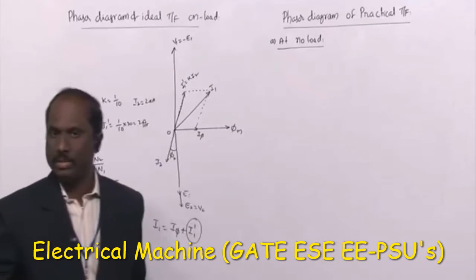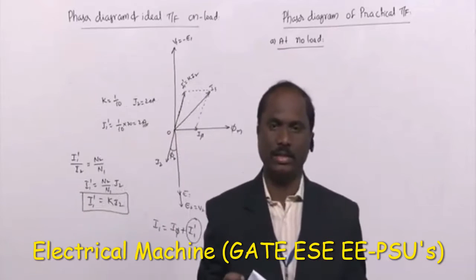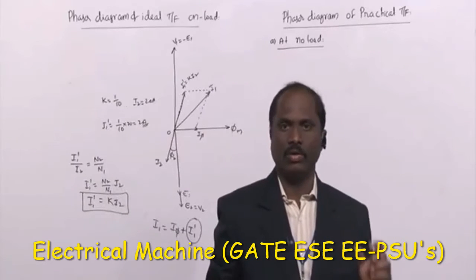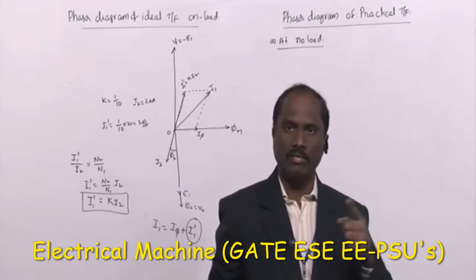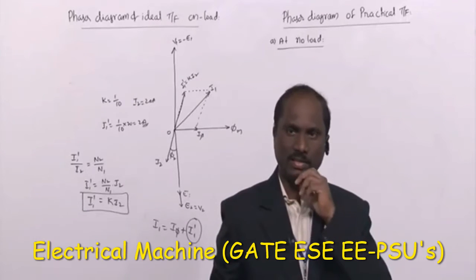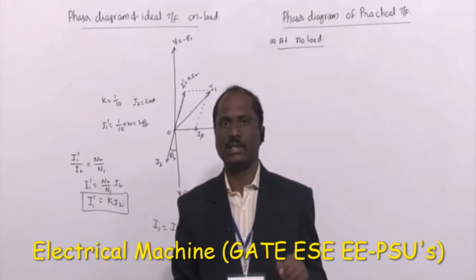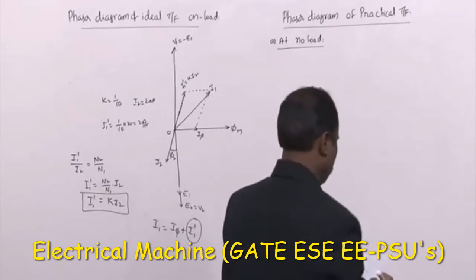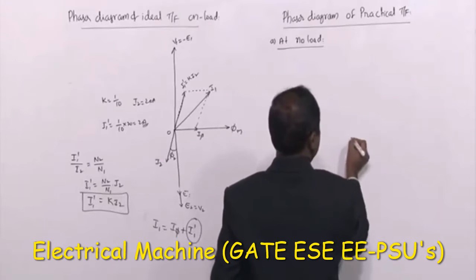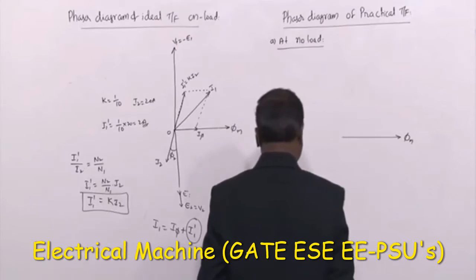Under no load condition, what happens? Whatever that input voltage is there, that input voltage is driving some current in the primary winding. The purpose of that one is to develop the flux. That primary winding is also having some resistance and reactance. So here also same thing, we are taking phi m as the reference.